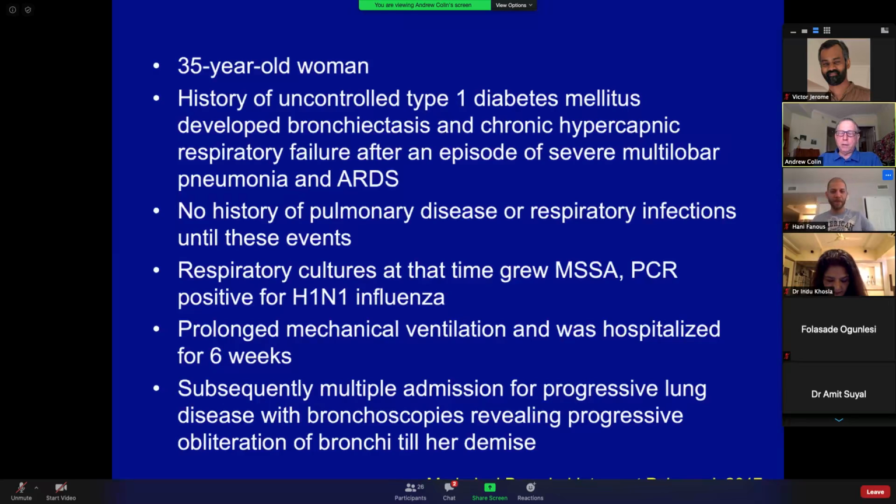Prolonged mechanical ventilation and was hospitalized for 6 weeks. Subsequently, she had multiple admissions for progressive lung disease, with bronchoscopies revealing progressive obliteration of bronchi, similar to the case of Marty that I showed you before, our post-transplant young man.